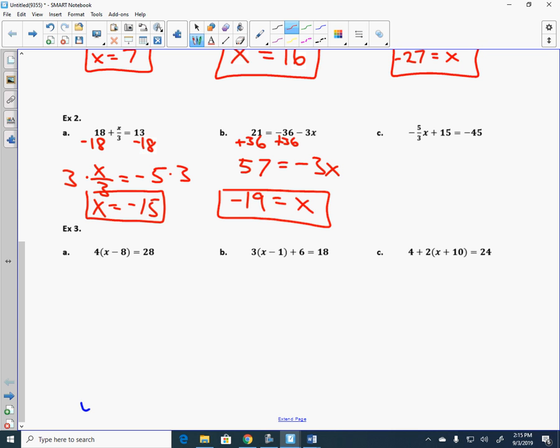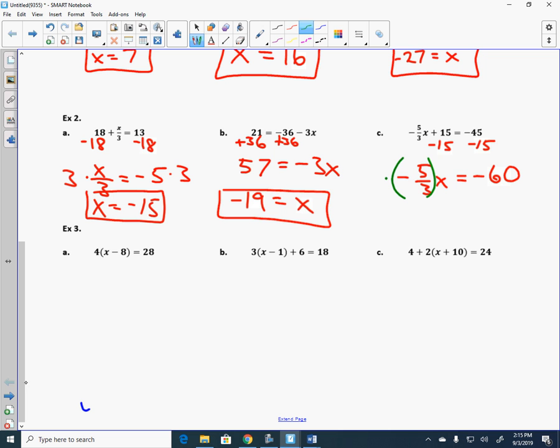Letter C. Subtract that 15. Negative 5/3 x equals, what's negative 45 minus 15? Negative 60. Now I have to get rid of the negative 5/3. How do I get rid of negative 5/3? Multiply by. Good.